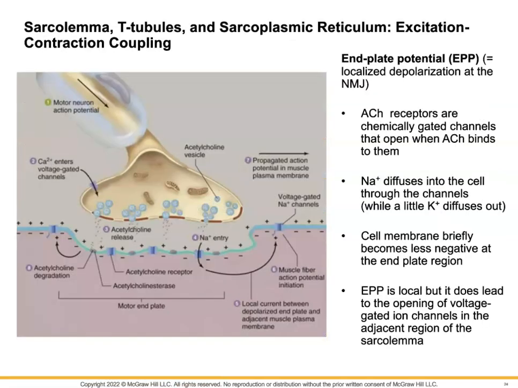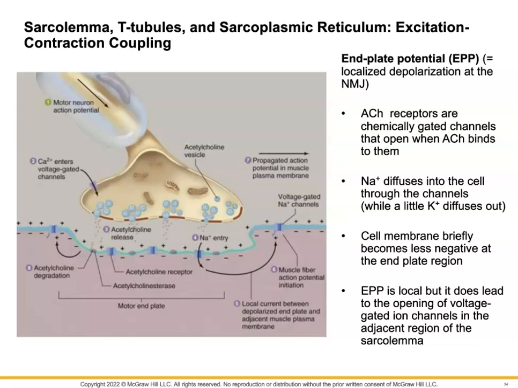So those acetylcholine receptors are chemically gated ion channels that are stimulated to open just for a short period of time when acetylcholine binds to them. The opening of these channels allows sodium to rapidly diffuse into the skeletal muscle cell and potassium to slowly diffuse out. Now remember, both of those are positively charged.